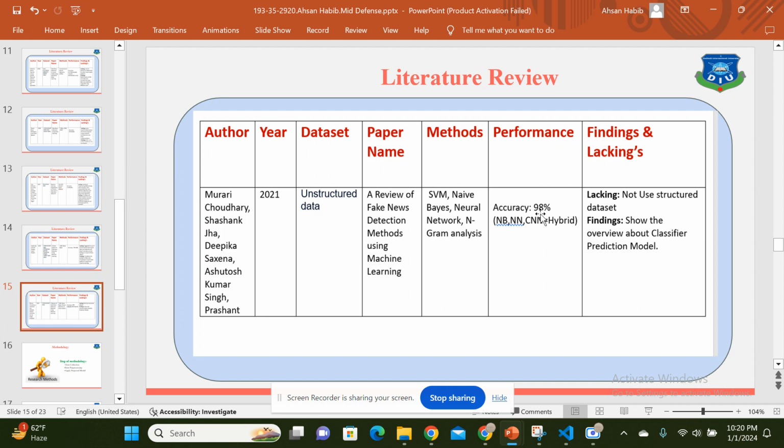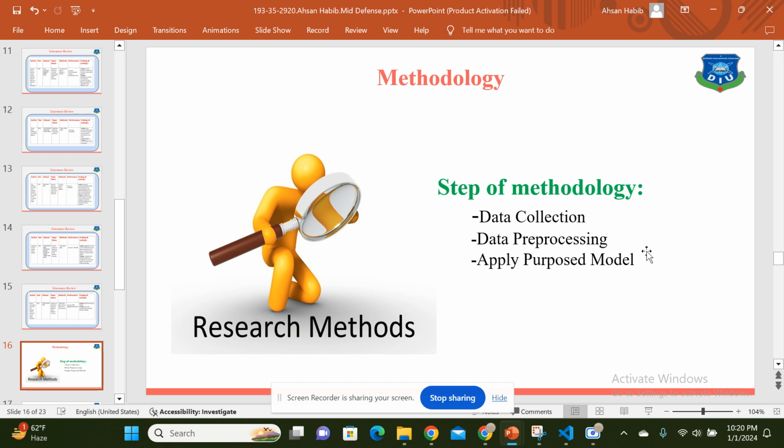Here the accuracy obtained is 98%, with naive Bayes, n-gram analysis and CNN mixing algorithm, that is called hybrid. Lacking is that it does not use a structured dataset, and the finding is an overview of classifier prediction models.